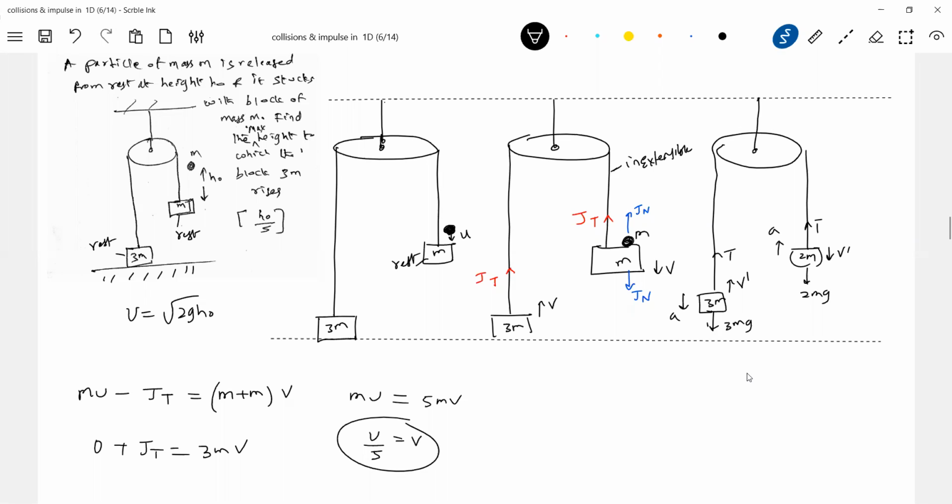How to calculate that retardation? How to calculate the total retardation? Retardation is equal to (2mg minus 3mg) by (2m plus 3m), which is equal to minus g by 5. They'll undergo retardation and finally they'll come to instantaneous rest.